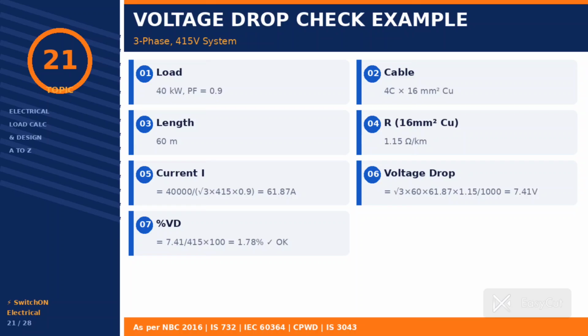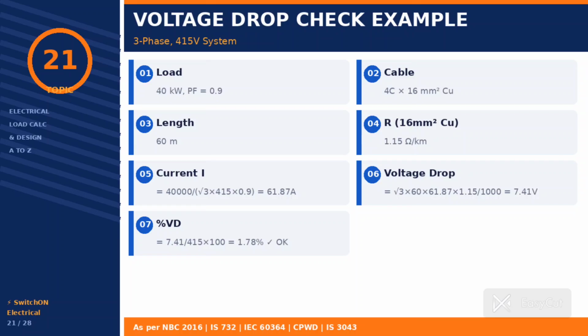Yes, I into R into L, I you will calculate from this one. The voltage you got is around 7.41. So for percentage, 7.41 divided by 415 into 100, it's 1.78. It's below the limit, it's within the range, so the cable selection is okay for this one.